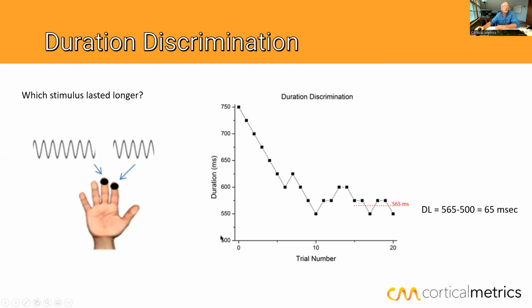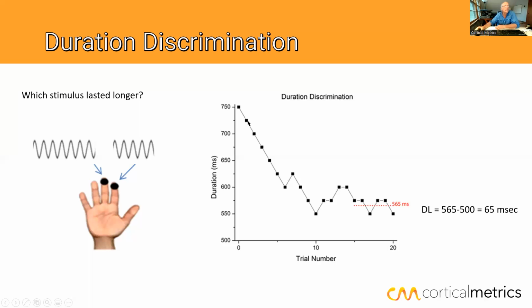It's always 500 milliseconds in most protocols, and the longer stimulus starts out at 750. So we've got one stimulus starting at 750 milliseconds in duration, and one at 500. And if you can tell which one lasted longer, then you get it right.